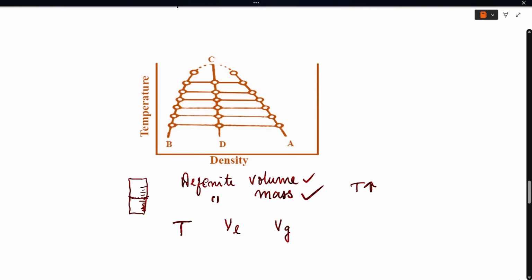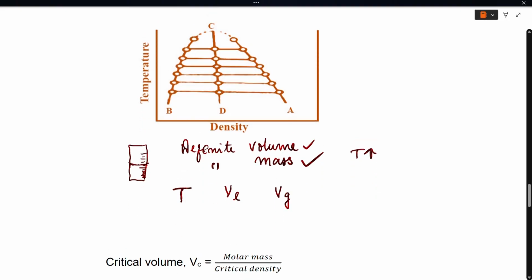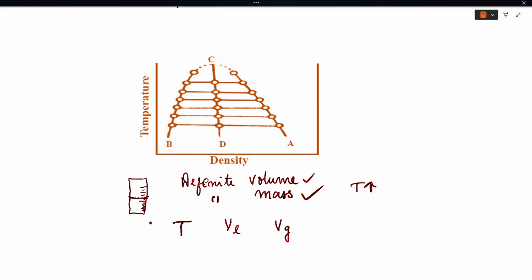Now, I have taken a definite mass. Let the mass be m. Suppose dl represents the density of the liquid and dg represents the density of the gas.